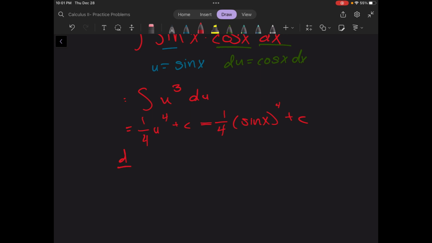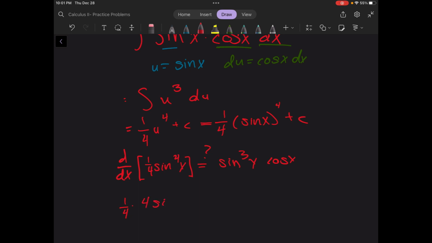Now hopefully when we take the derivative of this, 1/4 sine to the 4th power of x, we are left with what we started with, sine cubed x and extra cosine. So let's see. When we take the derivative of this, we're going to get 1/4. That power of 4 is going to come out front.